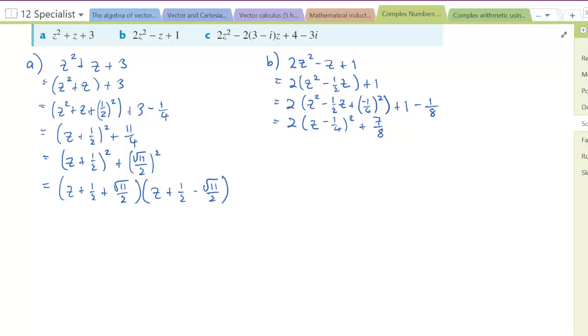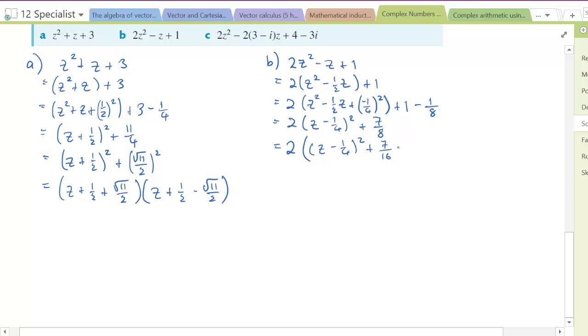So we have 2 (z subtract 1/4) squared, and 1 subtract 1/8 is 7/8. Now the only issue is this coefficient of 2, so we need to take that out of the whole thing. And so that becomes 2, and we've got (z take 1/4) all squared, and 7/16. If we want to write this as a sum of squares, it's 2 ((z take 1/4) squared, and (square root of 7 on 4) squared).